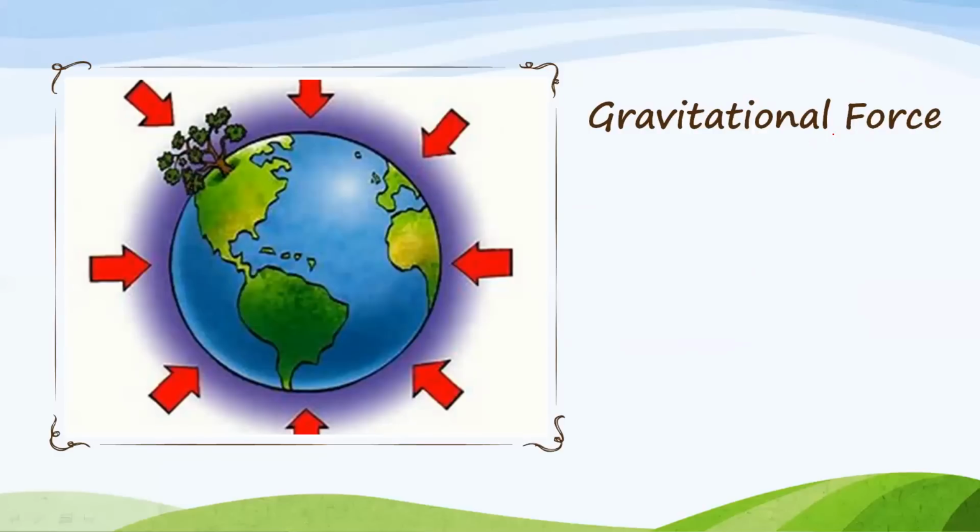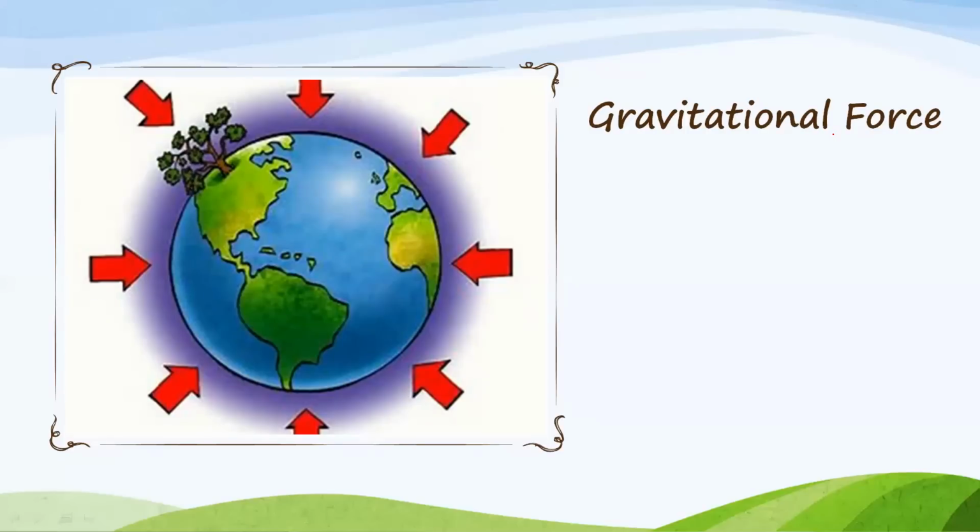Now, let us look into the third non-contact force. It is gravitational force. You all might have studied this in smaller classes also, that every object will get attracted towards the center of the earth. See, one speciality or one major difference between gravitational force and the other two non-contact forces is that gravitational force will always be attractive. It cannot be repulsive at all.